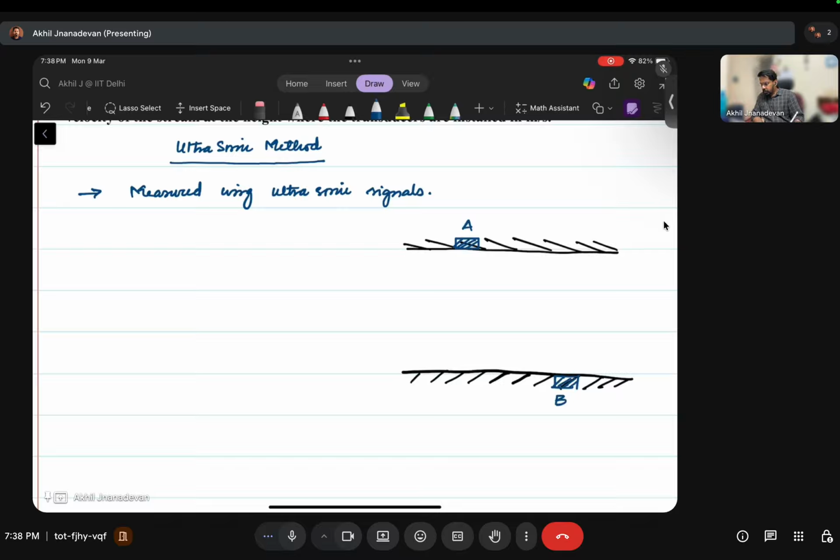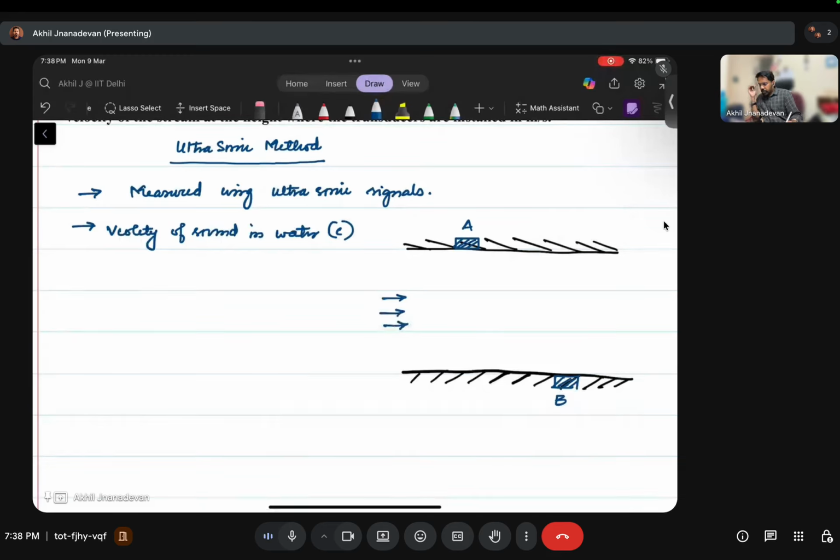We have an ultrasonic signal, and the velocity of sound in water we are taking as C. In this direction the flow will be taking place.